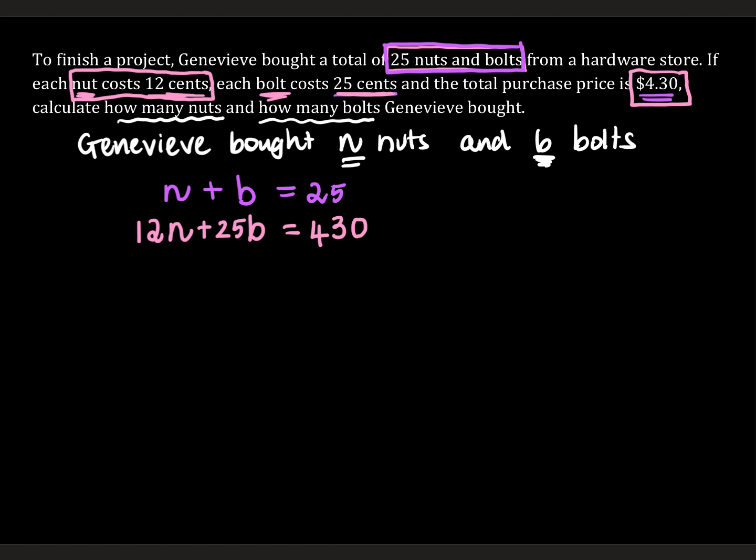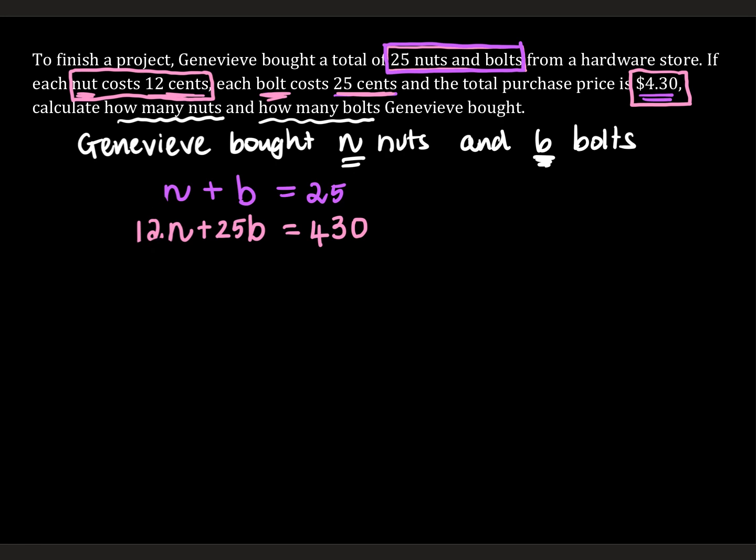I think I might solve this first through elimination. Now, if I'm going to solve this through elimination, I need the coefficients of one of these to be the same. So I need to have either the same number of N's or the same number of B's. Well, I don't.